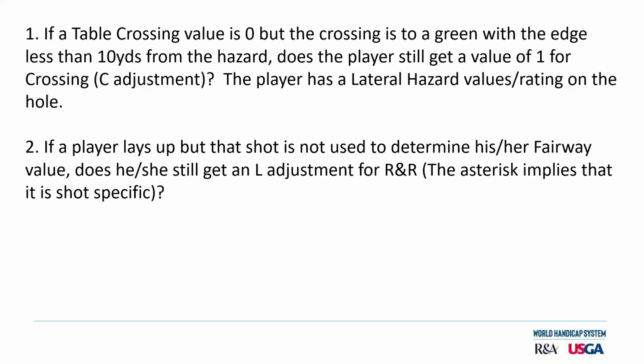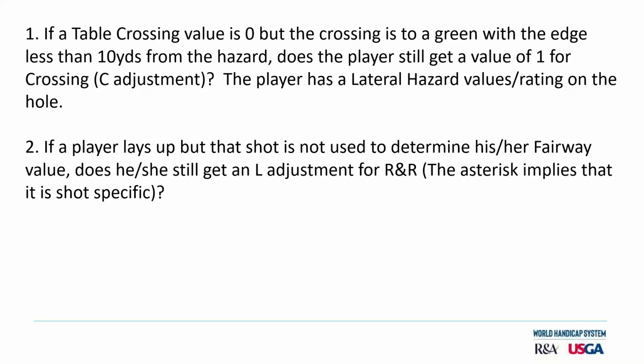So to answer the first part of your question, the answer is yes. The carry adjustment is going to be used in this scenario and would apply. This would just mean that you would get a final value with a crossing value of 1 in this case, and then whatever your lateral value would become, based on how the hole was played, etc. You would also get another value for both players for the lateral obstacle.